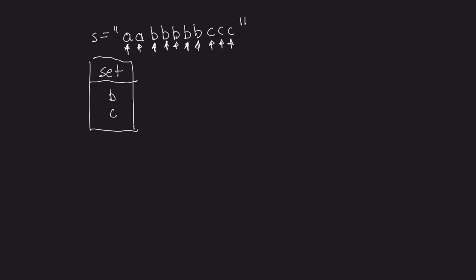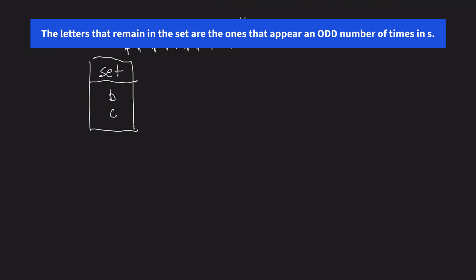and these are exactly the letters which appear in the string an odd number of times. It is because the operation of adding and removing is basically nullifying the letters that appear an even number of times. So what is left in the set are the letters that appeared an odd number of times.